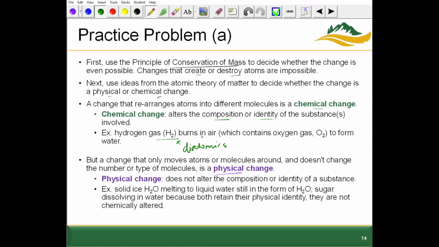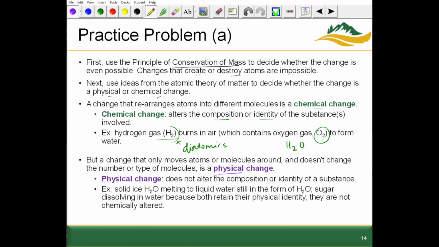If H2 gas burns in air which contains oxygen to form water, we are completely changing the identity of hydrogen gas and oxygen gas to form just an entirely new chemical or compound. So that's an example of a chemical change. We're actually changing the identity of the substances involved. There is more detail and examples of chemical versus physical change in your chapter 1 PowerPoint slides.